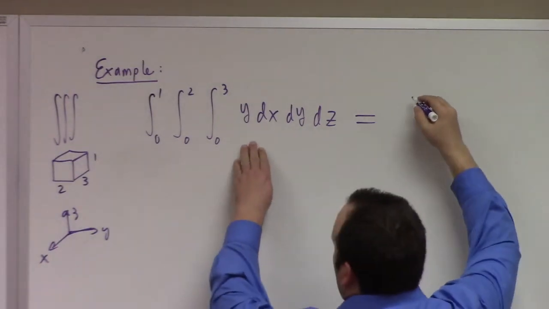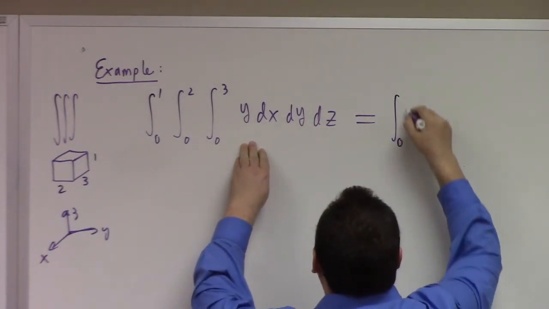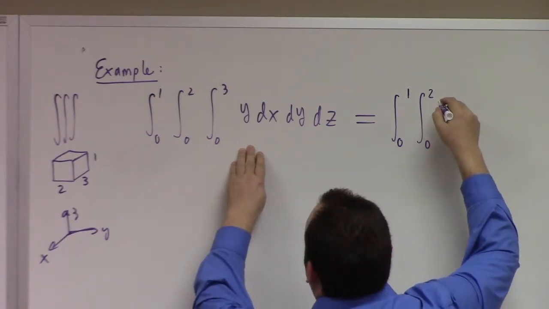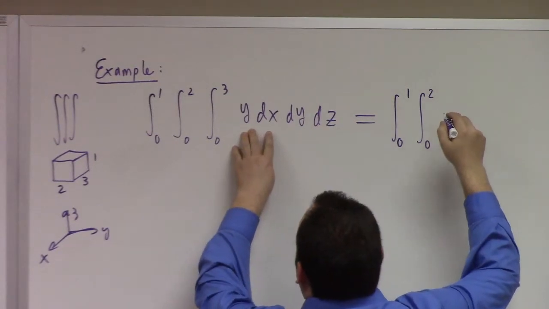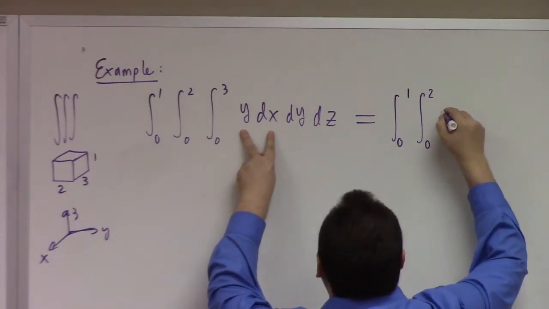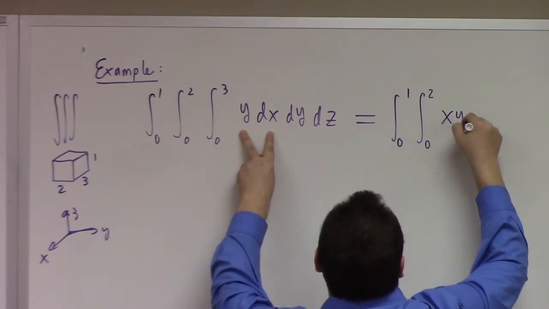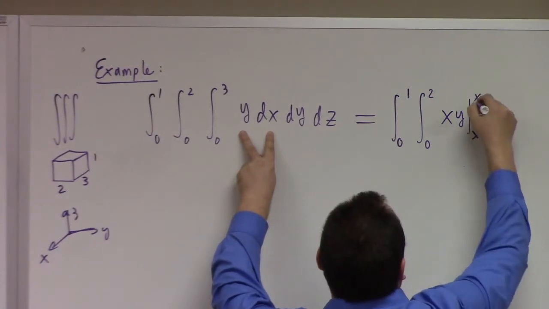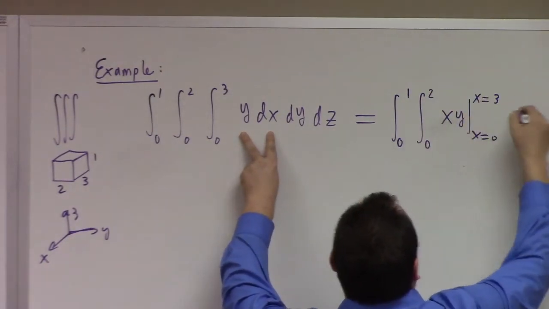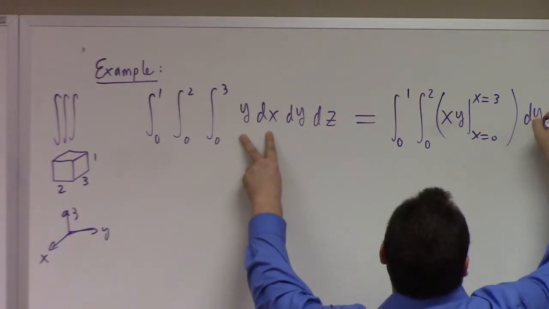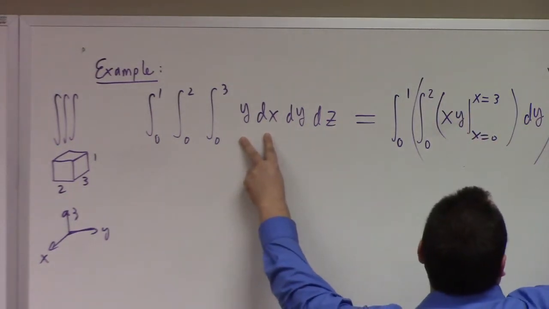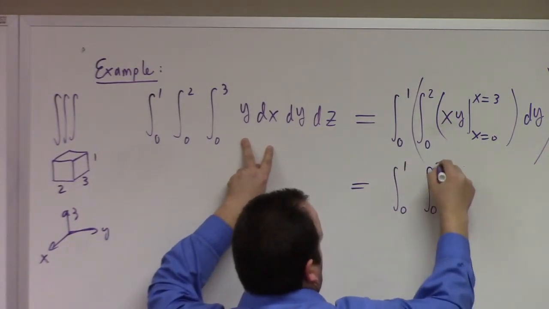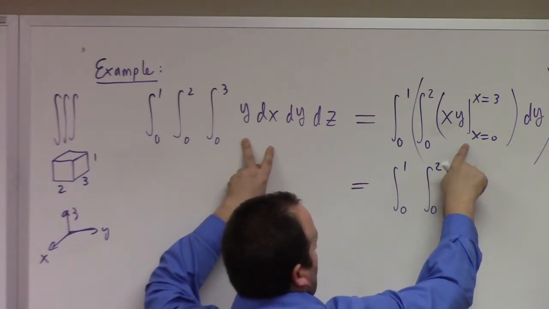Okay, so let's do the calculation. I hope this should be the easier part. When you integrate y with respect to x, you get xy, and we evaluate that from x equals 0 to x equals 3. Then that is taken over dy, and that is taken over dz. So the first integral gives us just 3y.